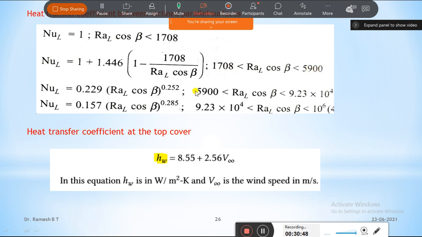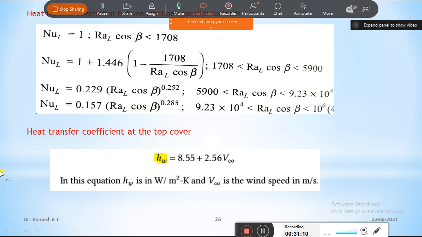If it is more than 5900, up to 9.23 times 10 raised to 4, we go with the next equation. If it is more than 9.23 times 10 raised to 4, up to 10 raised to 6, we can consider this equation. So it depends just on the Rayleigh number. Based on the Rayleigh number, we choose the Nusselt equation.